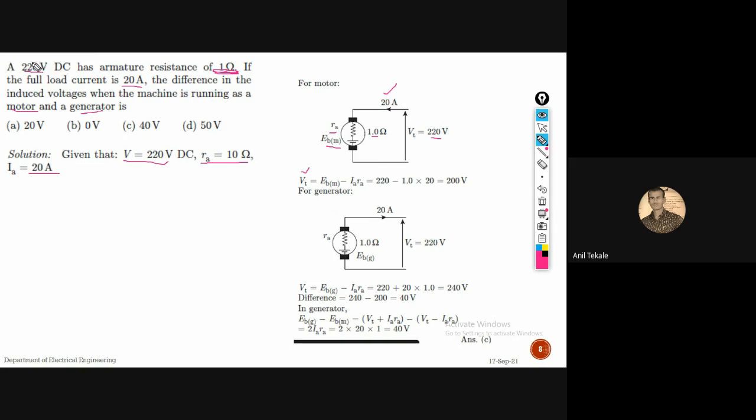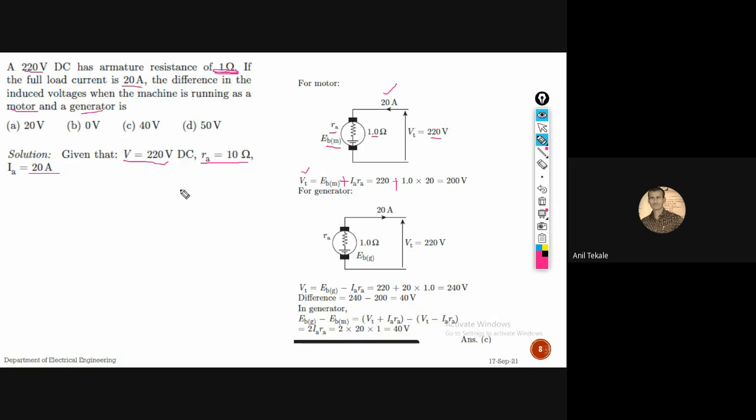I think there is a small, just a second. Yeah, it will be plus, right? It is plus. So Vt is equal to Eb plus IARA, right?